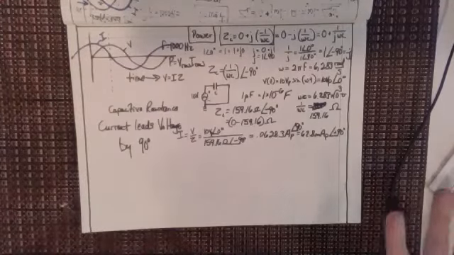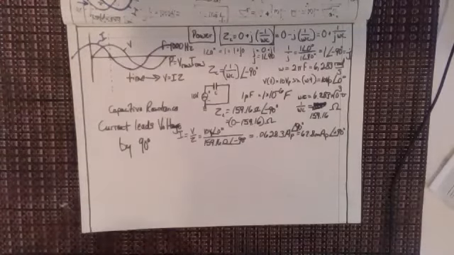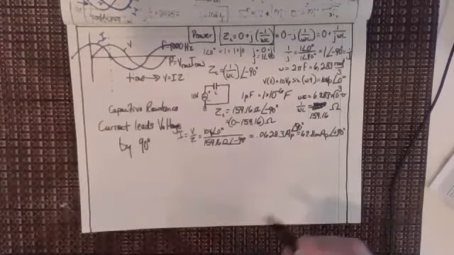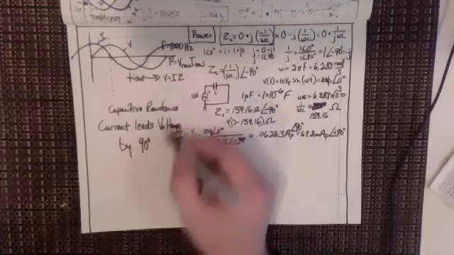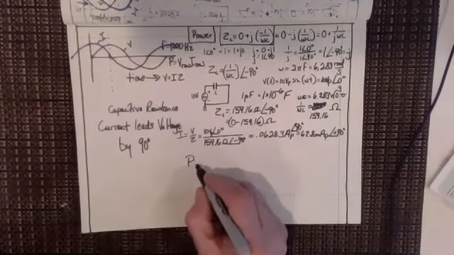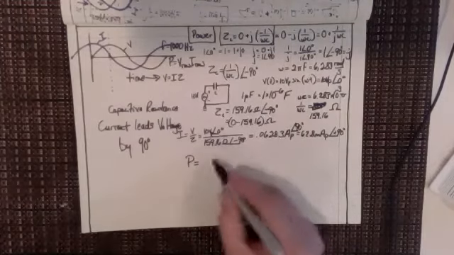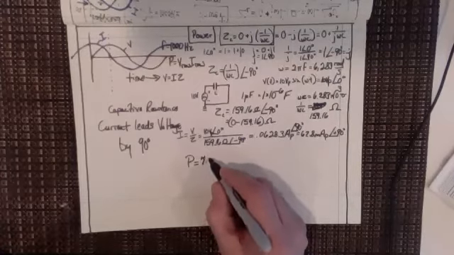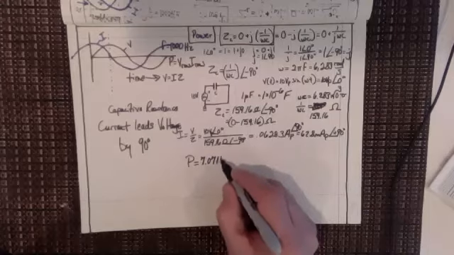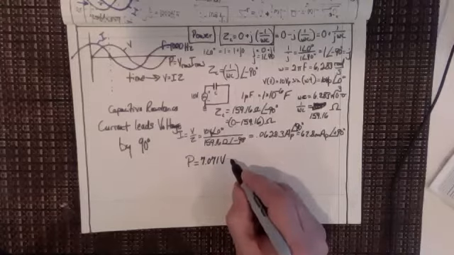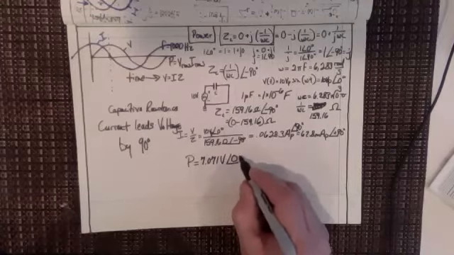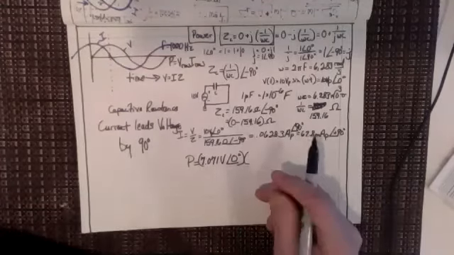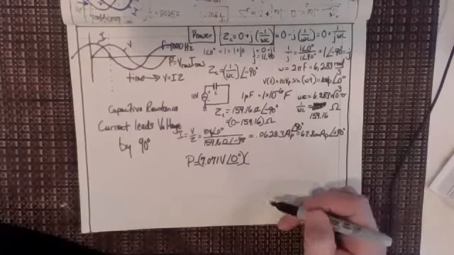All right, but let's get back to the power now, right? Remember, power equals V RMS times I RMS. So let's think of what the power is. The power now for the RMS, it's going to be 7.071 volts. That's the voltage. And that voltage is at 0 degrees. And then what's the current?